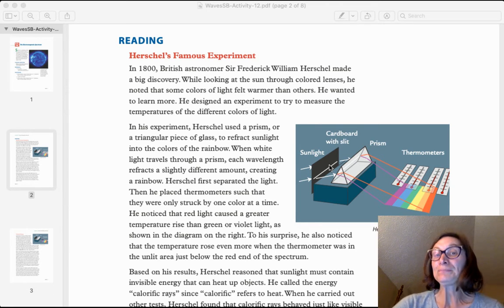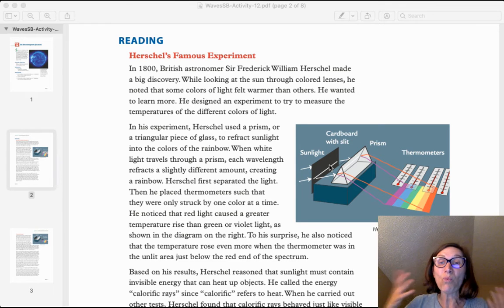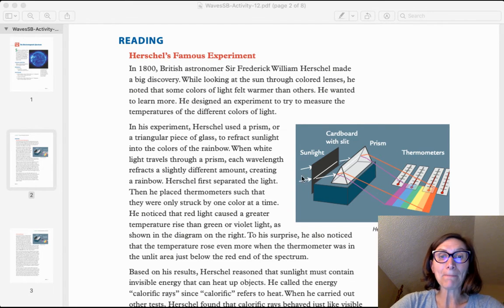So with sunlight in the prism, that narrow beam of light actually refracts differently depending on the wavelength, and white sunlight is all colors together that we can separate with these refractions. And so he set up the thermometers in the different regions of the color. Really cool experiment. And he collected some data.